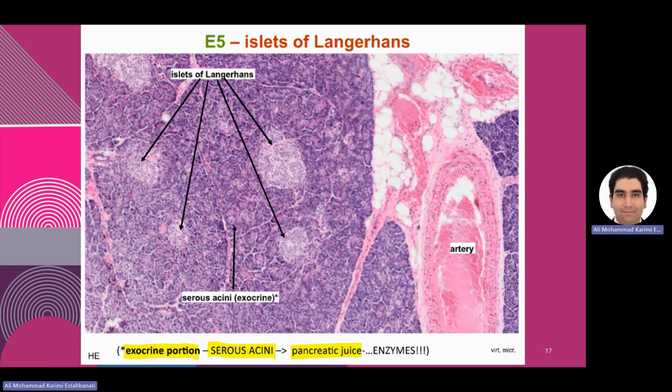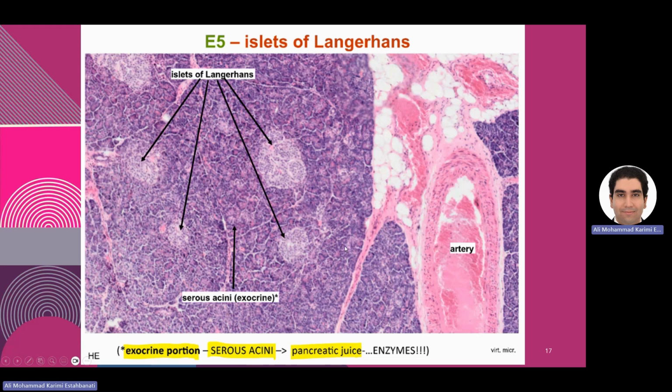I put 3 different pictures of slides you might see on the microscope, just so you get familiarized with them. This is the islets of Langerhans slide, where you can easily see the islets and the serous acini cells in these areas.